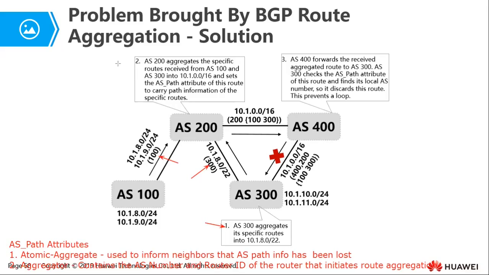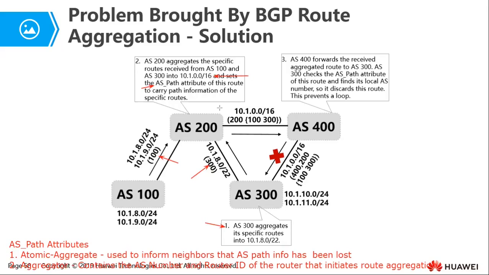So when AS 200 aggregates the specific routes from AS 100 and 300 to 10.1.0.0/16, it sets the AS path attribute of this route to carry path information of the specific routes.